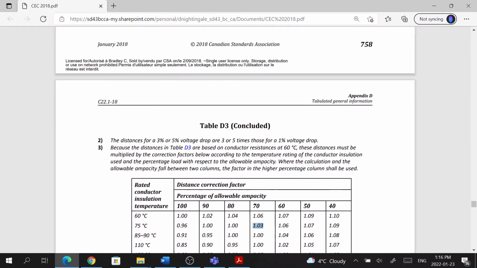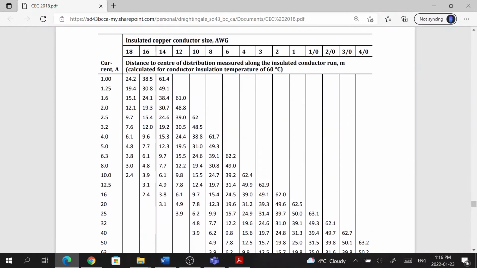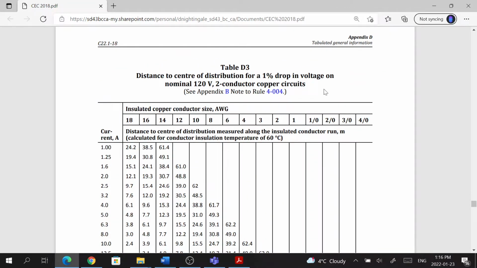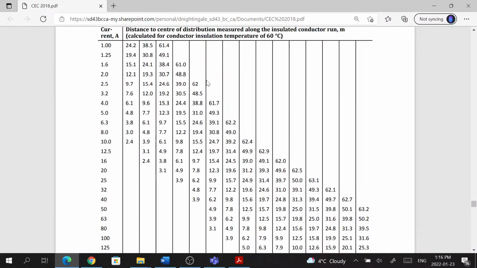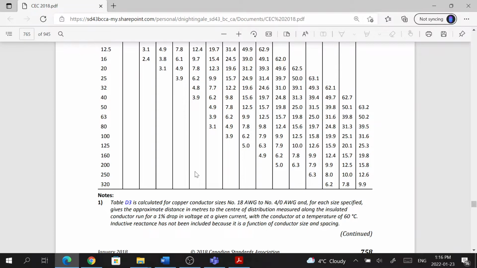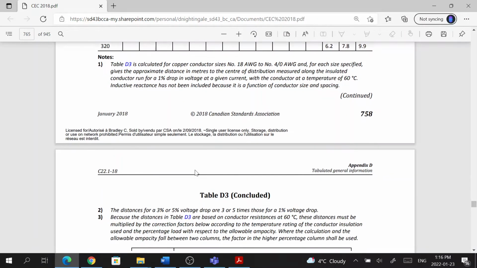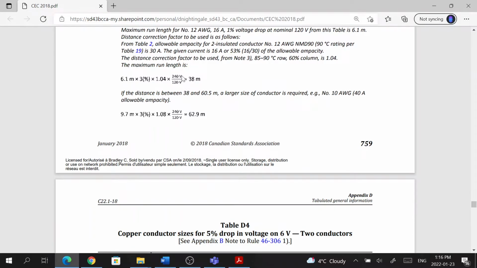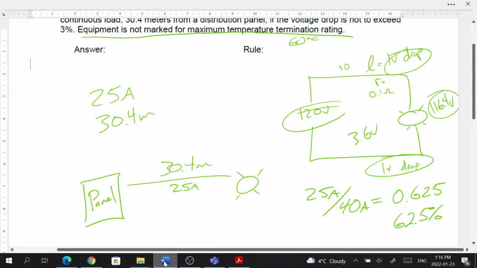And because this table utilizes 120 volts, a drop in voltage on nominal 120 volts, and our particular circuit uses 120 volts, then we're going to be 120 over 120, which is 1. So written out, it's going to look like this here.